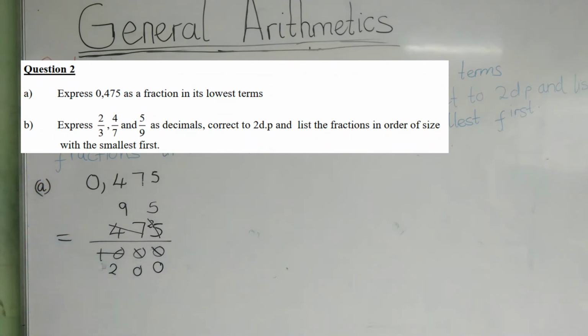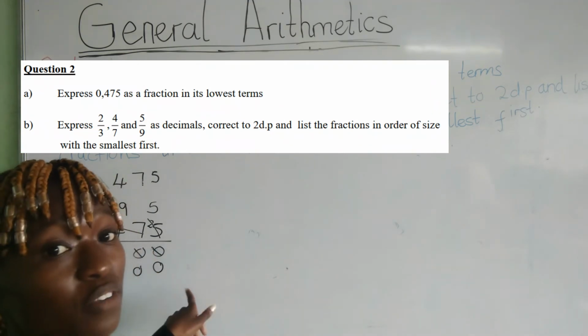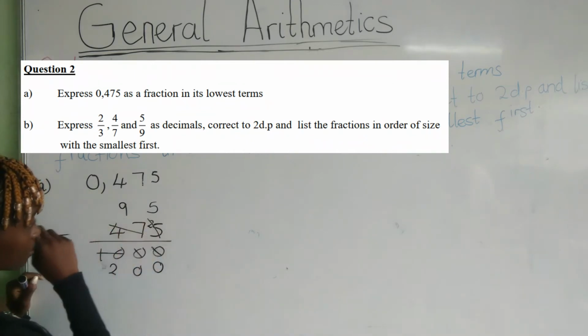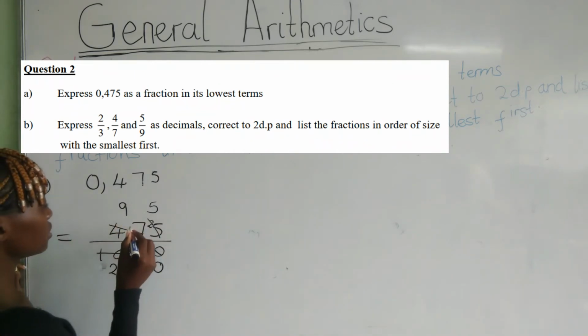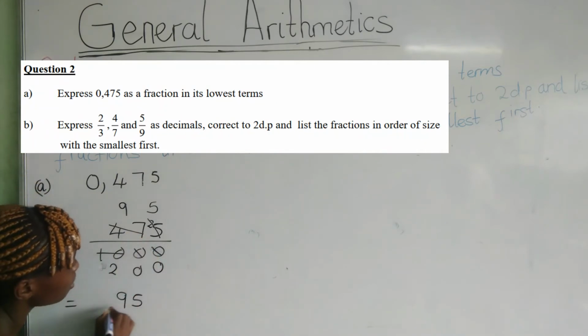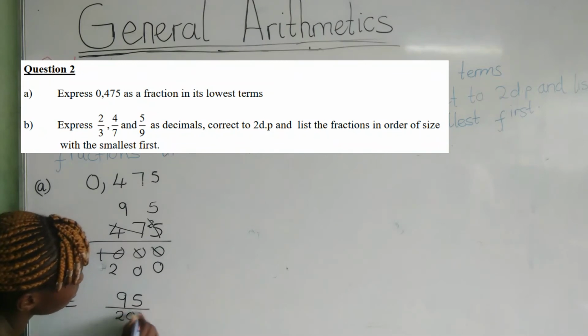And actually it requires more simplification. So I'm going to simplify by 5 again. 95 over 200.